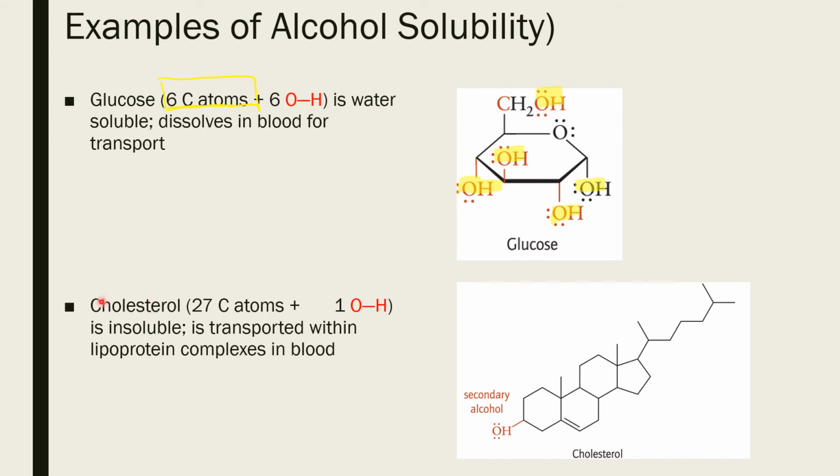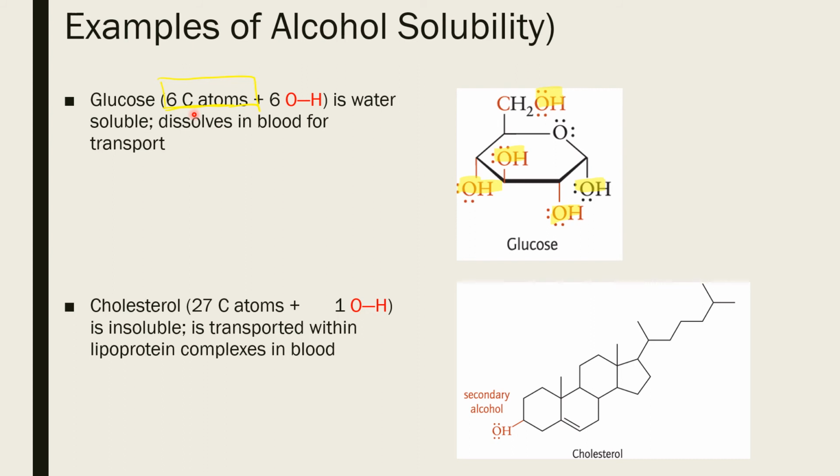On the other hand, cholesterol contains a very large number of carbon atoms but only one hydroxyl group. In that case, this one hydroxyl group is too small to make this molecule polar enough to be soluble in water. Hence, cholesterol is insoluble in water and it is highly soluble in non-polar solvents.